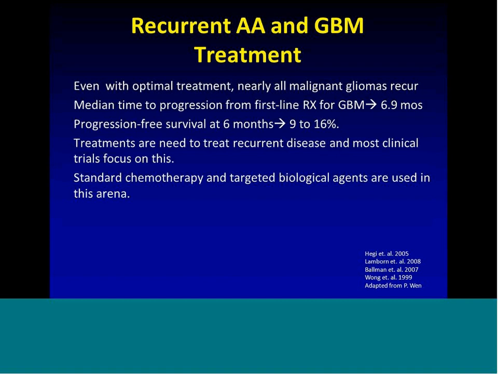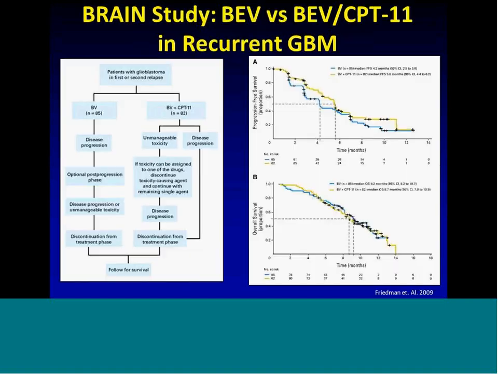This was first used by Dr. Vandenberg, because progression-free survival of recurrent tumors at 6 months was 9 to 16%. This was approached as a brain tumor study, in which patients with a first relapse of glioblastoma received either bevacizumab or bevacizumab plus irinotecan, and then were followed for survival.